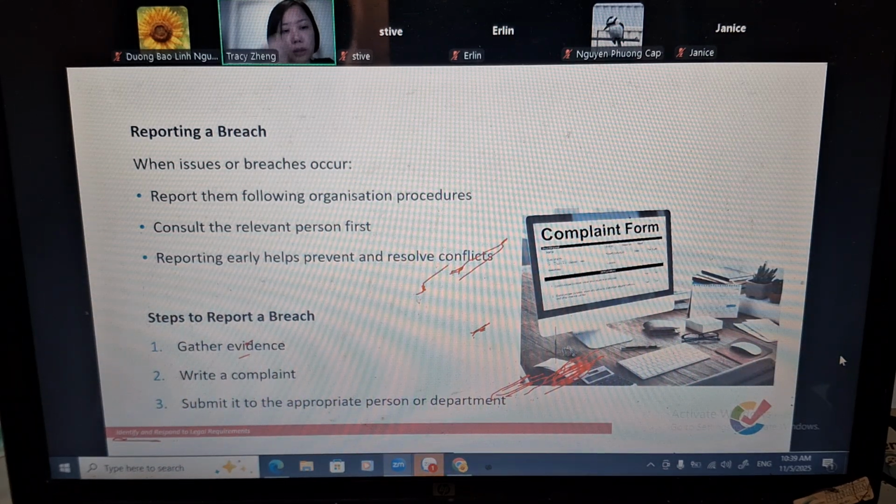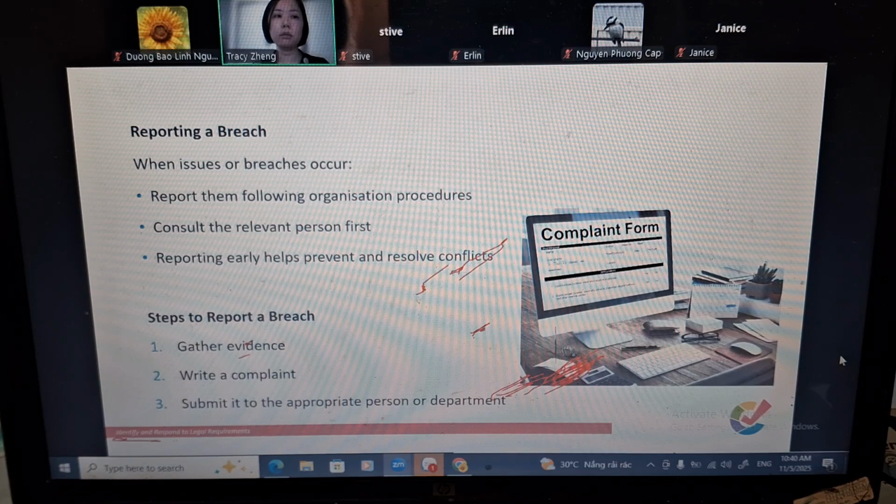So try to get as much as you can, and write a complaint form, where you can provide all the details about the breach to your supervisor, regarding what you observed, what you heard, what you saw, or what you heard from the client, etc. So write it down into the form that you can submit to the appropriate person or to the departments, right?